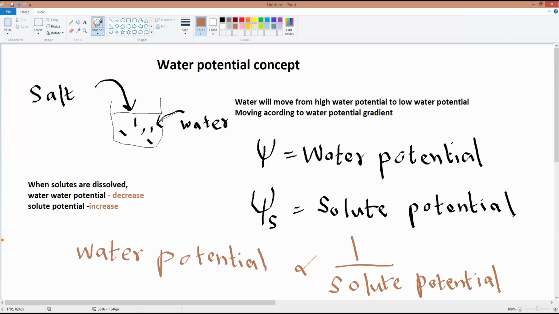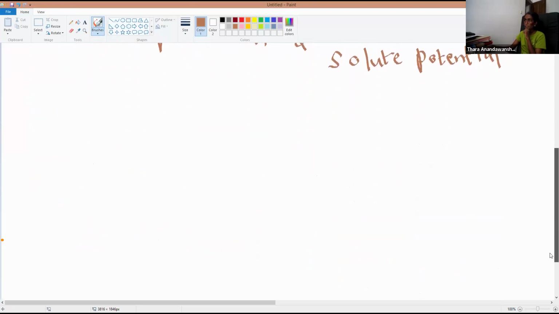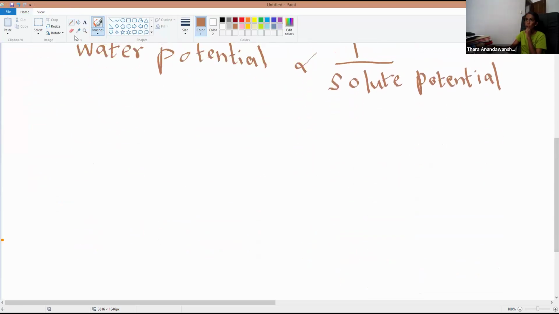Now think that you have a container containing water.